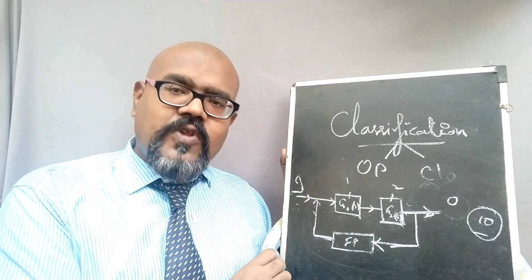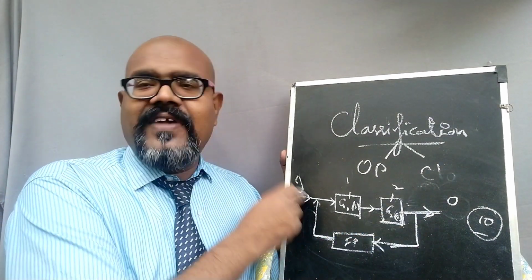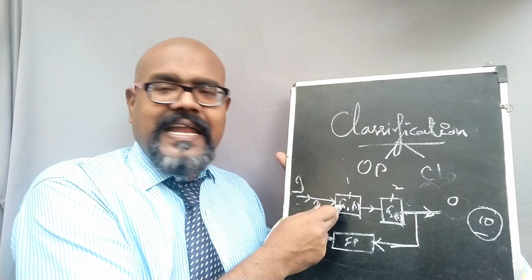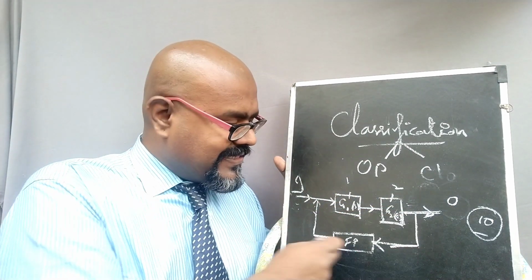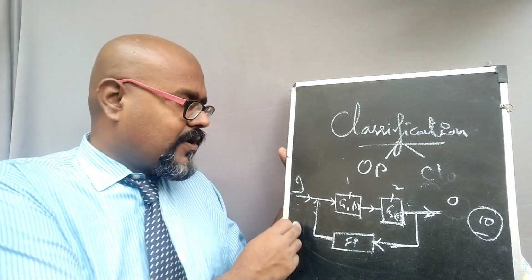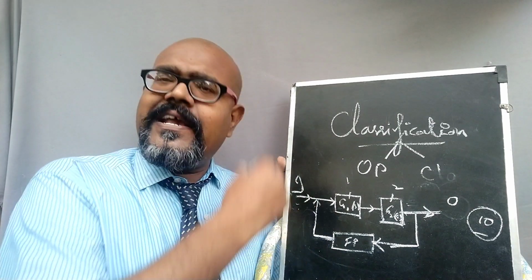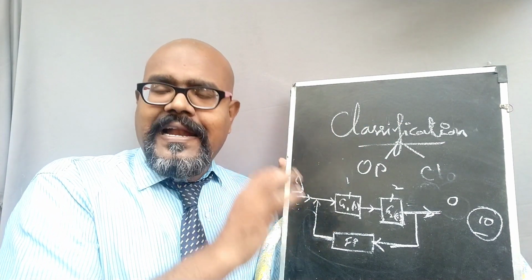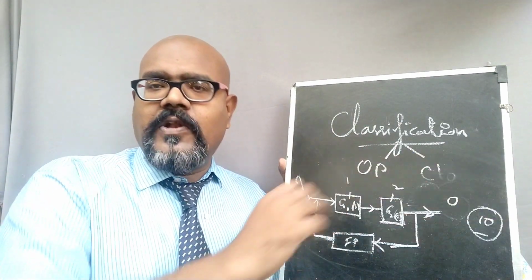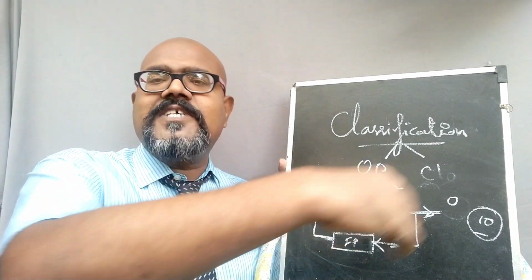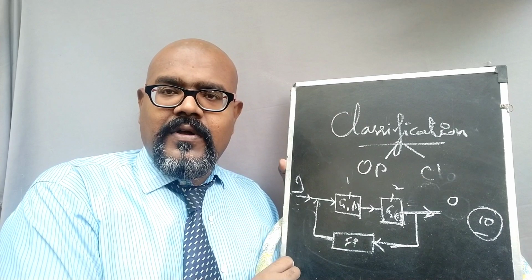Of course we know that a closed loop system is one that has the feedback path. So here it is an input, it is an output, it is element 1 and it is element 2, and this is the feedback loop or feedback path. Once we frame any sort of system, we have already decided the response of the particular system: what input you need to give, and what response the system can give.